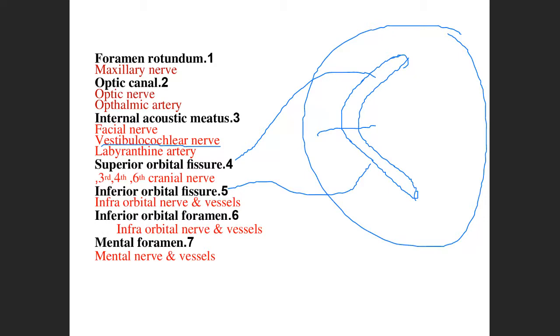You got it. The same explanation is in the video of the skull that I showed last. And then the mental foramen. What structures pass through that? The mental nerve and the vessels supplying the mandible.